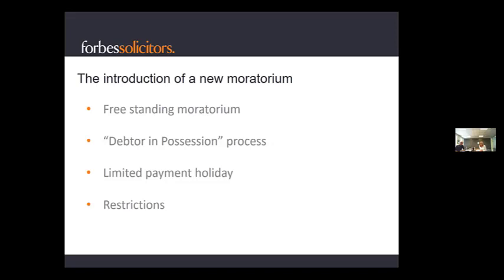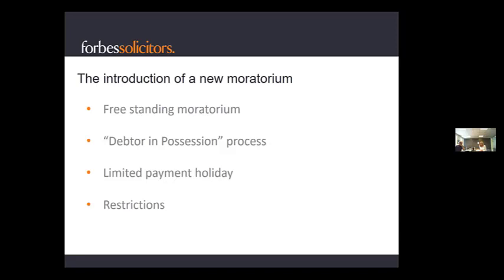Lenders might also then be able to benefit from enhanced rights. There was, however, considerable concern surrounding this when the bill was first presented, as it effectively gave lenders A, a power to bring the moratorium to an end, and B, provided them with almost a fixed charge like security for accelerated debt. Therefore, an amendment was made within the Act to remove this, but it was not accepted, therefore they can, but it was accepted, apologies, therefore they can accelerate that debt.